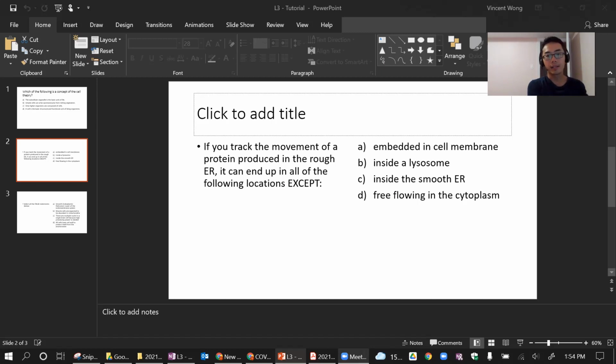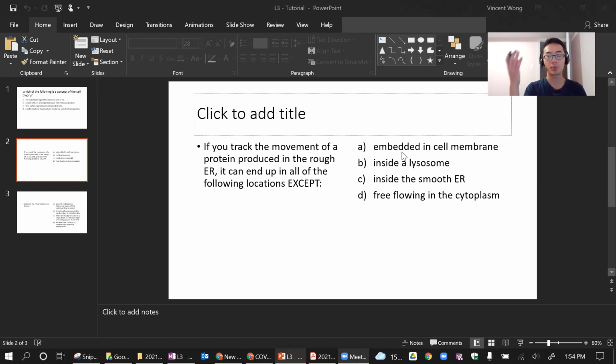B and C are the top choices here. Let's take a look. If you track the movement of protein produced in the rough ER, it can end up in all of the following except for... For people who chose B, that actually is not the correct answer, because the protein could end up in the lysosome.